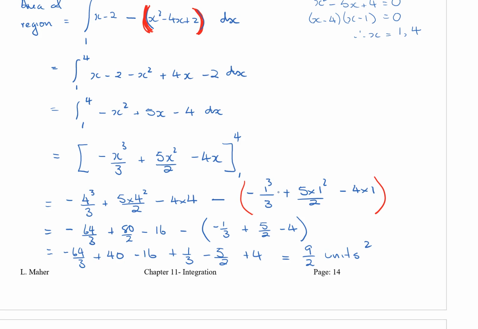I hope you can hear in my voice the frustration that I'm feeling because I see students throw away marks because they're not doing something as basic as using brackets.